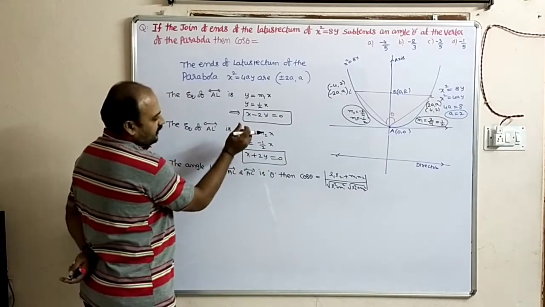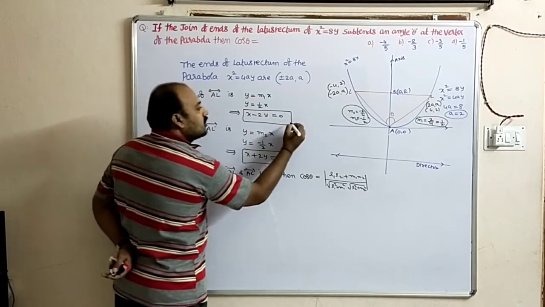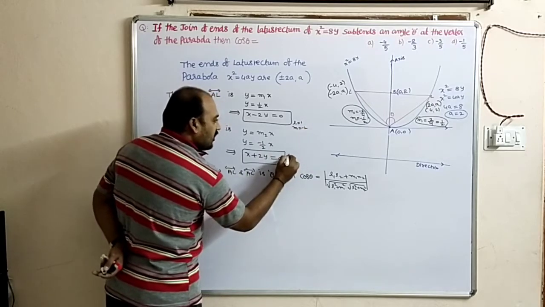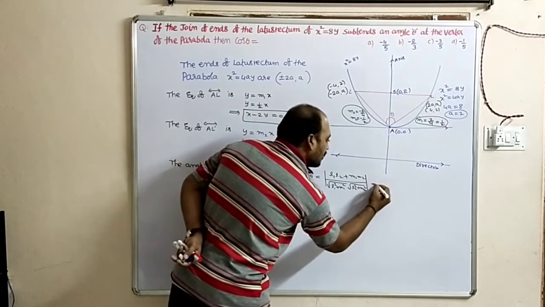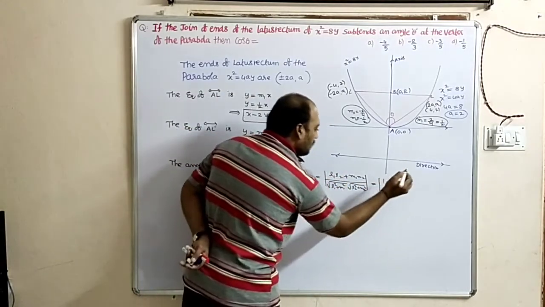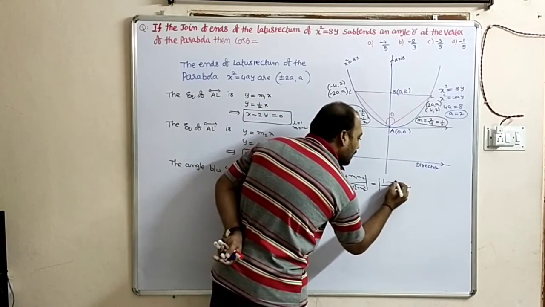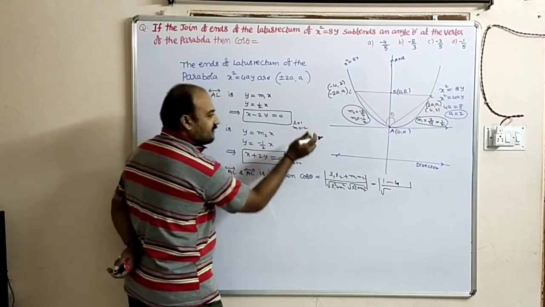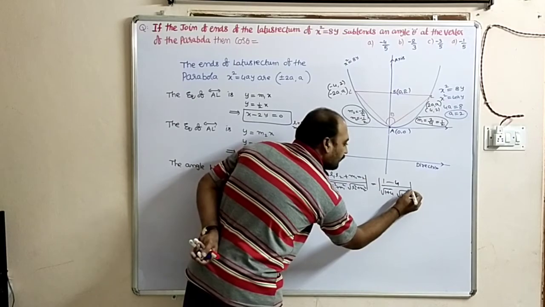Comparing with L1x plus M1y, here L1 is equal to 1, M1 is equal to minus 2, L2 is equal to 1, M2 is equal to 2. So mod of 1 into 1 minus 2 into 2, minus 4, divided by root of 1 plus 4 into root of 1 plus 4.